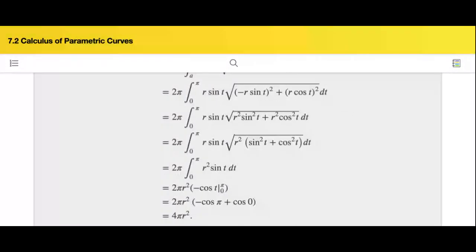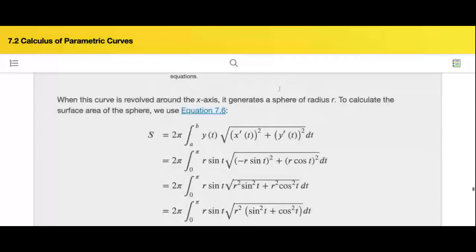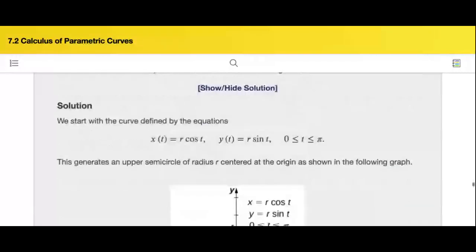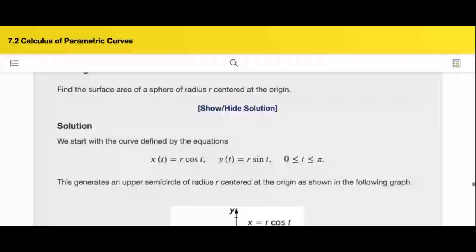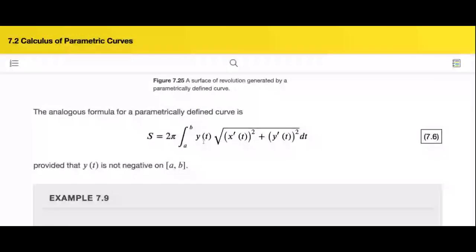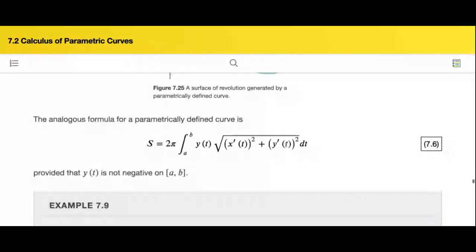I think what confused you is probably the formula. Just follow this formula: plug in y of t, plug in x prime of t, plug in y prime of t. And where does this come from?